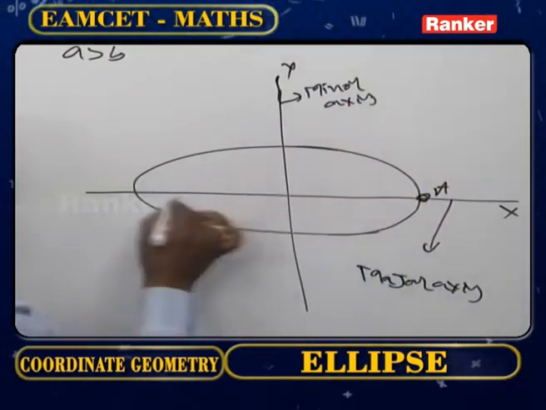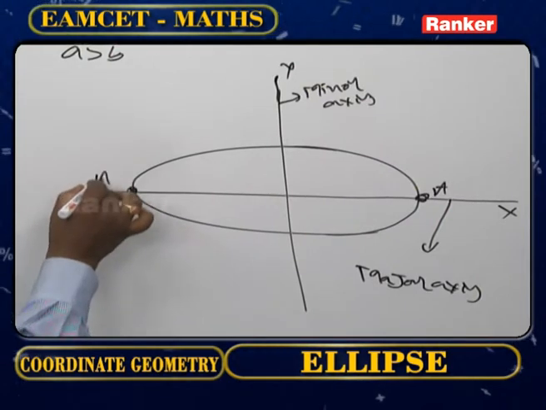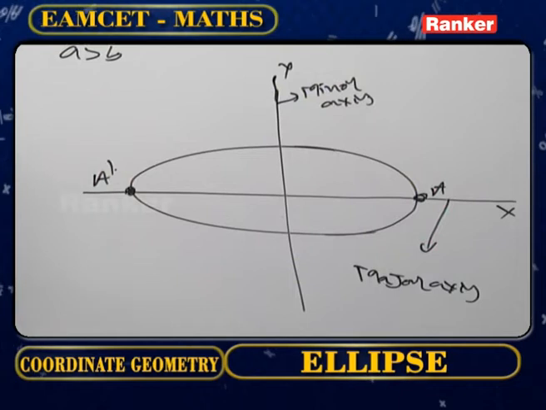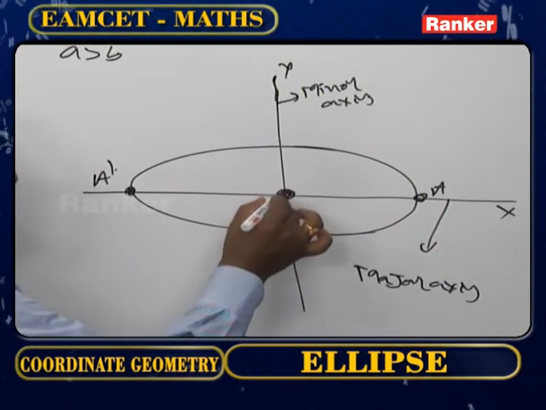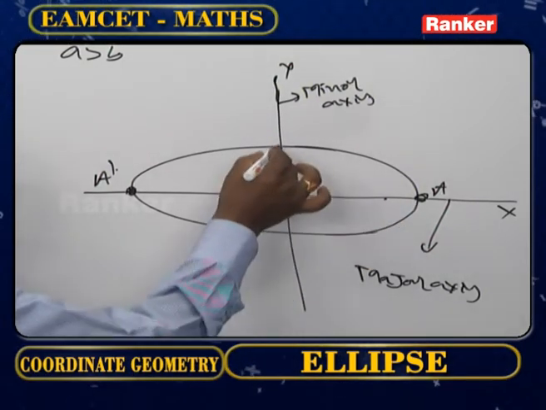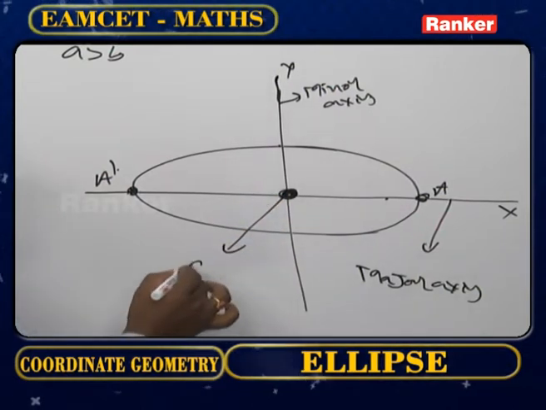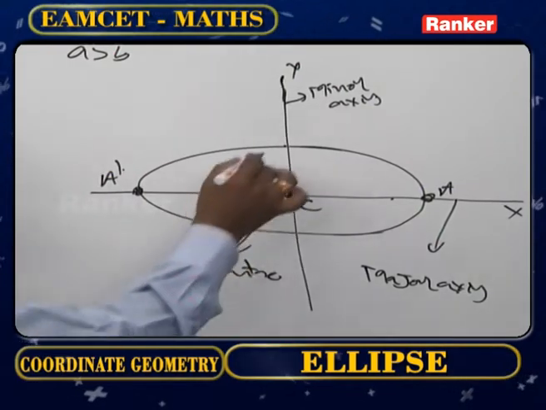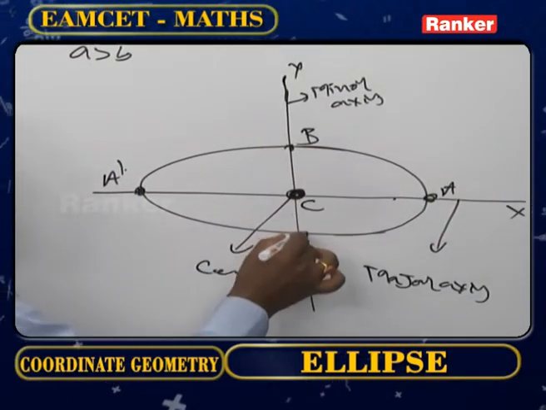The points of intersection of the ellipse and the major axis, A and A dash, are called vertices. The point of intersection of the major and minor axis is called the center. C is the center, and B and B dash are the ends of the minor axis.